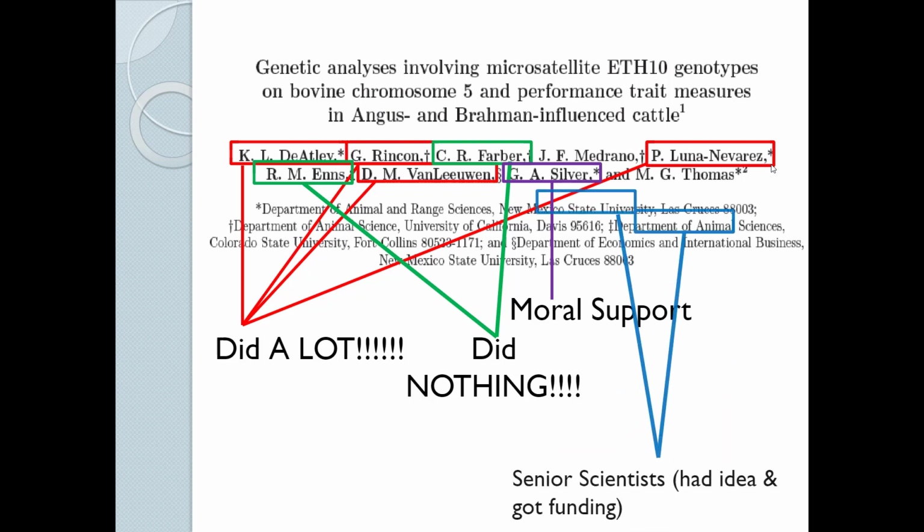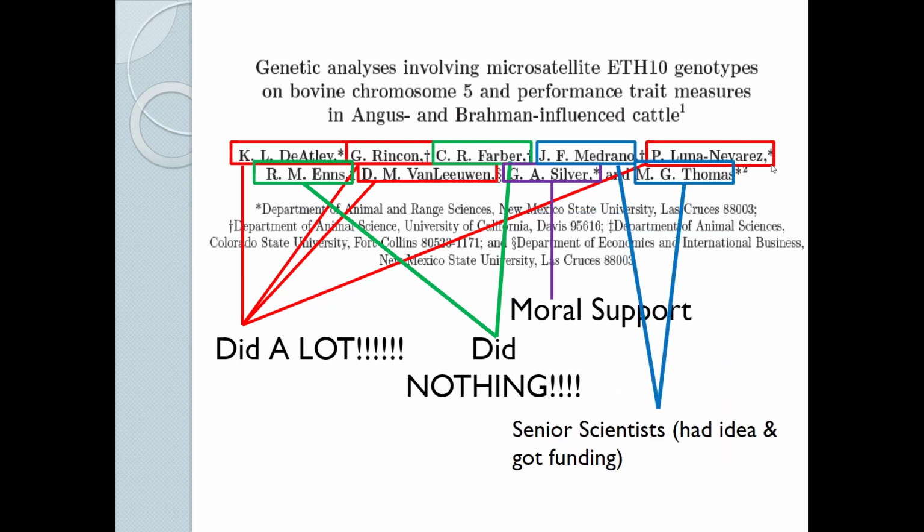And then the last couple of authors, so Juan Medrano was a leading author who is very influential in this field of quantitative genetics. He has been in the genetics game for 40 years, and so he carries a lot of prestige with him. And so he also was a major collaborator and headed the UC Davis group.